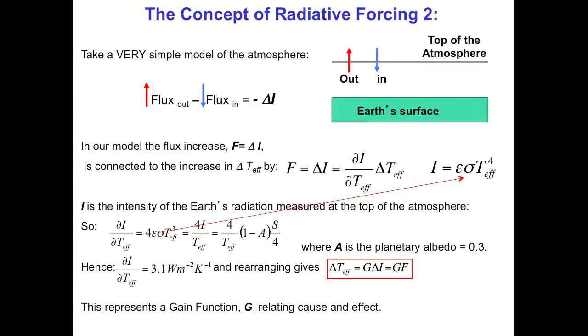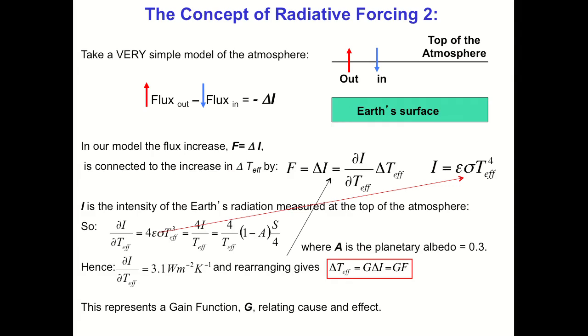And if we assume the incoming solar radiation on average is just the solar constant divided by 4 multiplied by 1 minus the planetary albedo, which we discussed earlier in the course, then of course we can calculate that term, dI/dT. That comes out to be about 3.1 watts per meter squared per Kelvin.